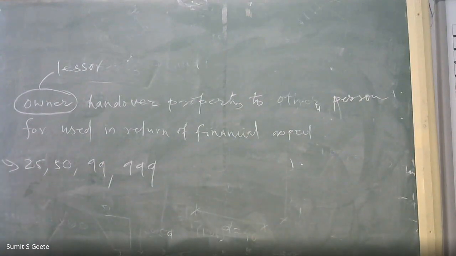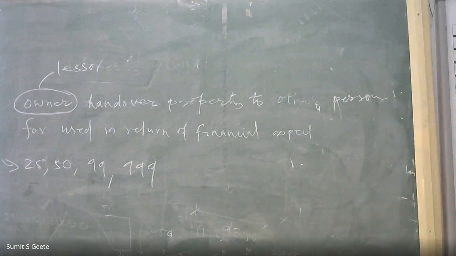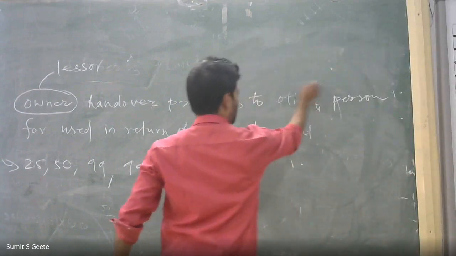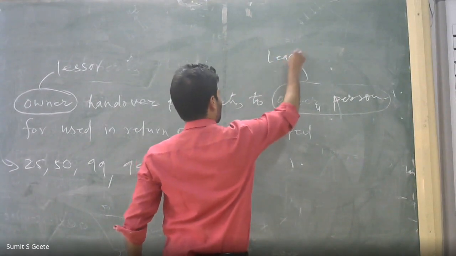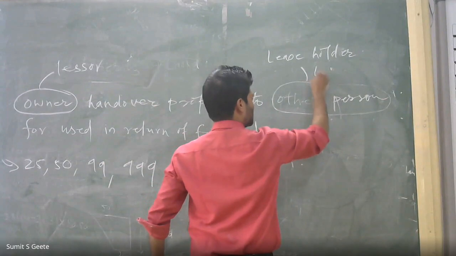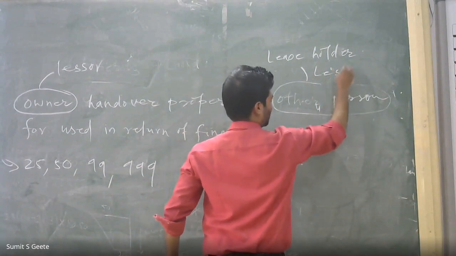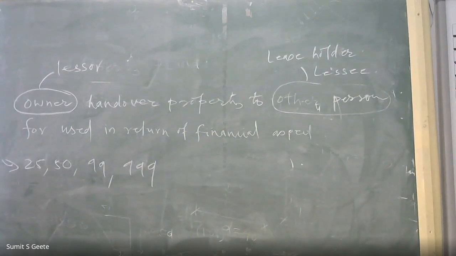And who takes up that property? It is called the leaseholder, the other person. Also called the lessee.